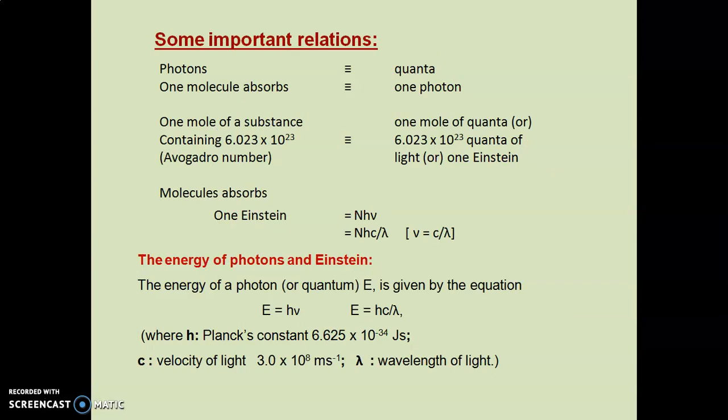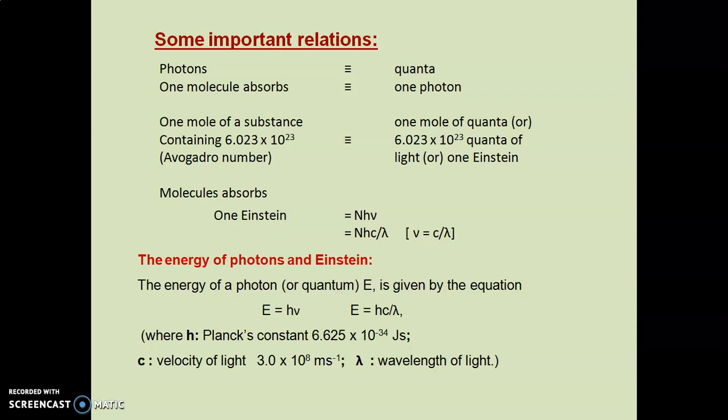When we say photons, that is equivalent to quanta. One molecule absorbs one photon. 1 mole of a substance contains 6.023 × 10^23, that is Avogadro's number. That is equivalent to 1 mole of quanta, or 6.023 × 10^23 quanta of light, or it is also called 1 Einstein.